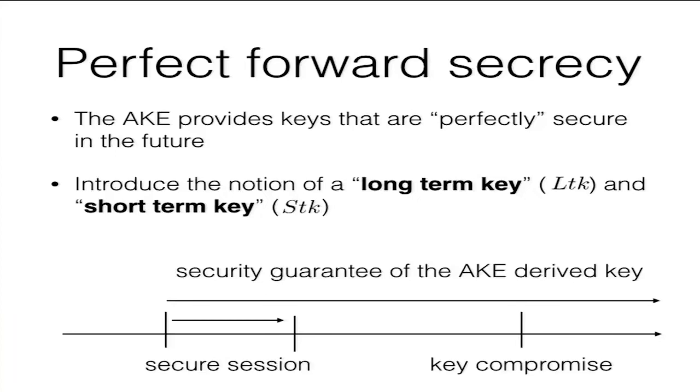So we require that the AKE-provided keys are perfectly secure in the future. So you have here this small timeline. You have the creation of your secure session here, and the secure session is finalized here. Here we will create some keys, and those keys will be used during this secure session to encrypt messages.